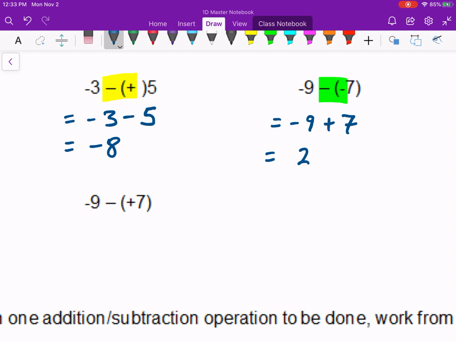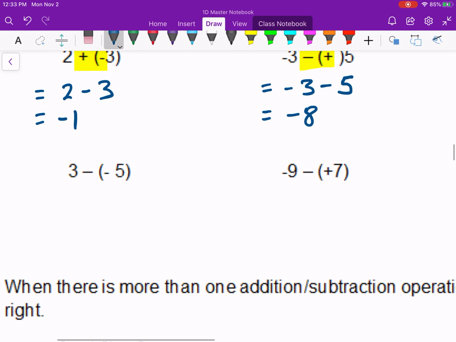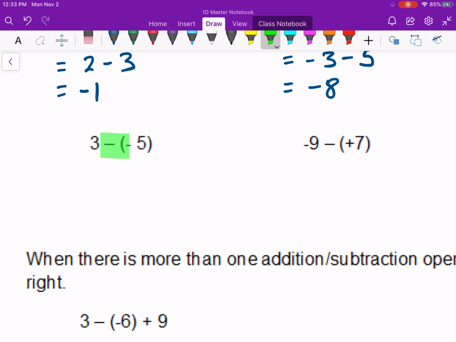The bigger number is negative, so I'll put the negative sign out front. 2 of the same sign, 3 plus 5, so I just add them together and they're both positive, so my answer is positive. 2 opposite signs, so the negative 9 doesn't change, but I have a negative 7, and then now adding these together, or subtracting if you prefer, they're both negative, so I have 16, and I put the negative sign out front.